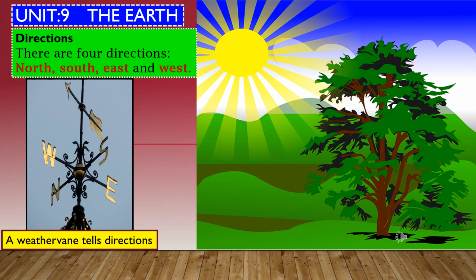So this device, the weather vane, served as a simple device for showing the direction of the wind and its speed also. So this instrument is called a weather vane, and it tells the direction of the wind.